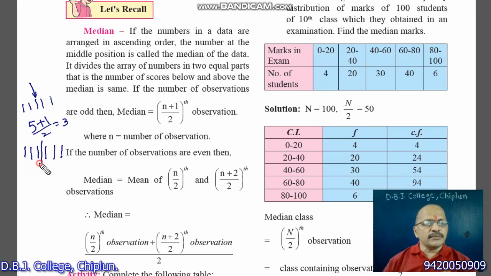So which is this number? You have studied, if n is even, then take the n by 2th and n by 2 plus 1th observation and take their average.